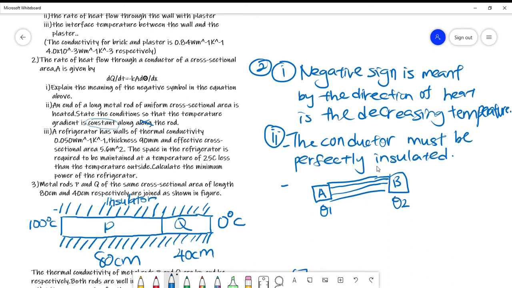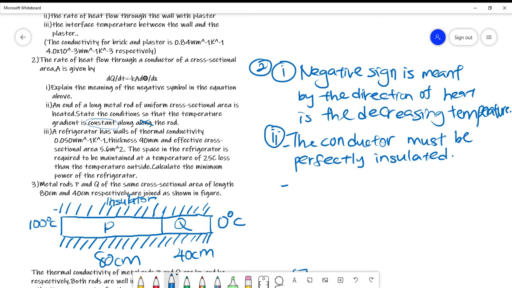So basically the heat flows from object A to object B. Within the process of the heat flow, the temperature at every point is actually varying. So at the steady state, the difference in temperature achieves the steady state.